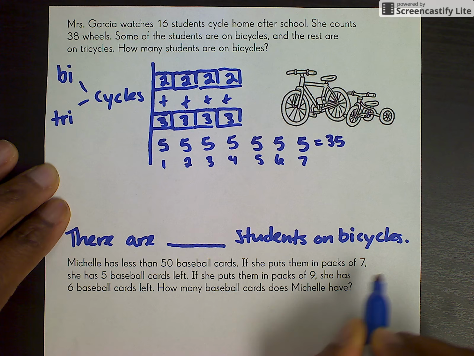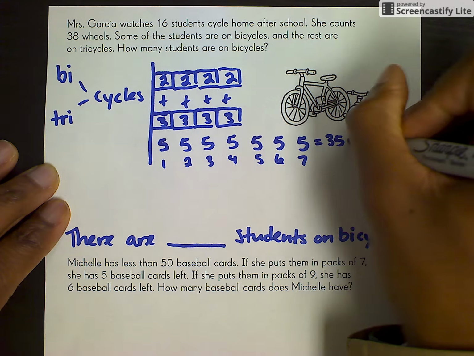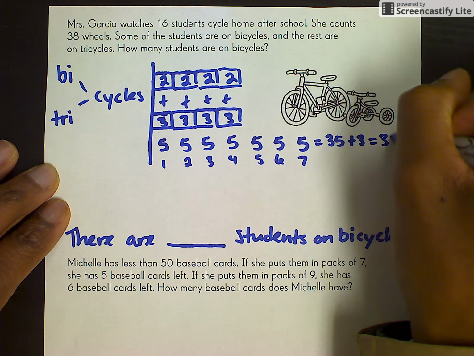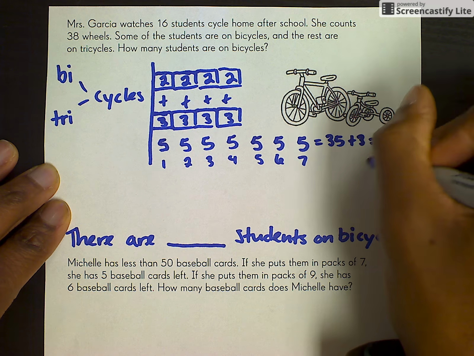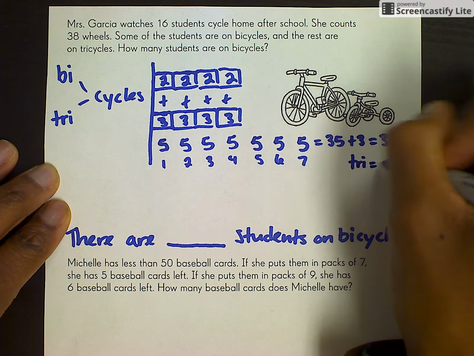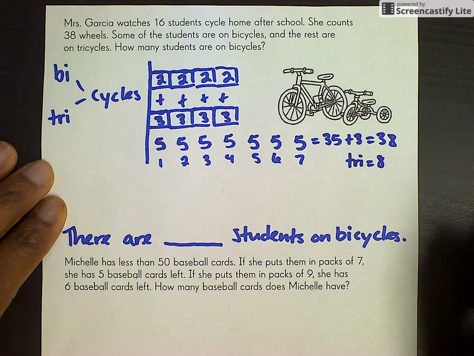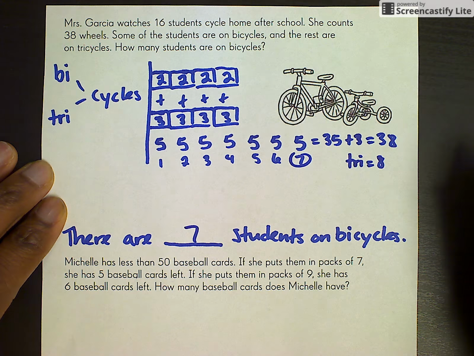I'm solving to find out how many bicycles there are. I know if I add one more tricycle, that's going to give me 38. So how many tricycles are there? Well, yeah, there's 8, but I'm answering to find out how many bicycles, and I just concluded here that there are 7. So my answer is 7.